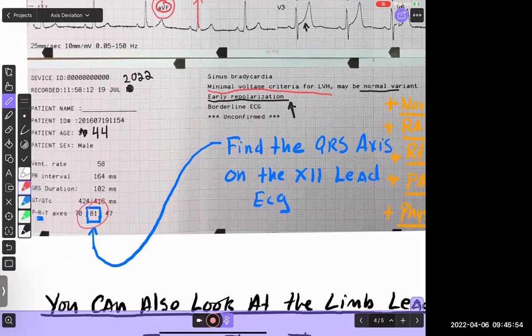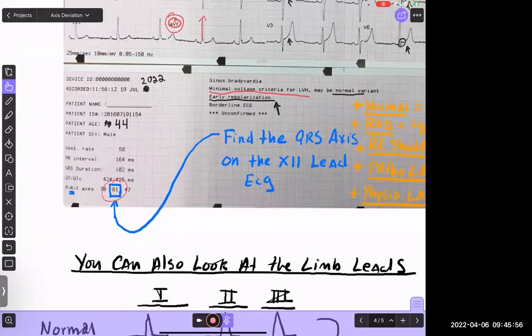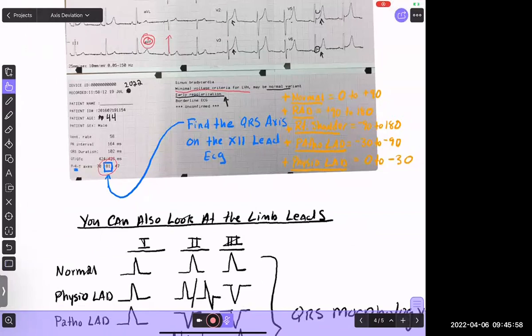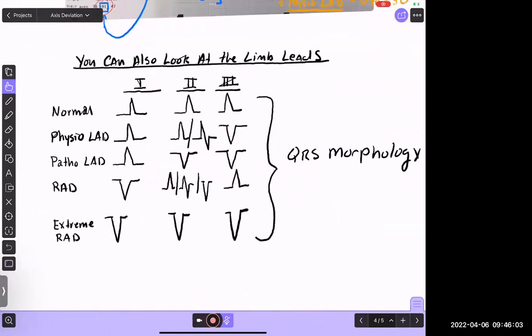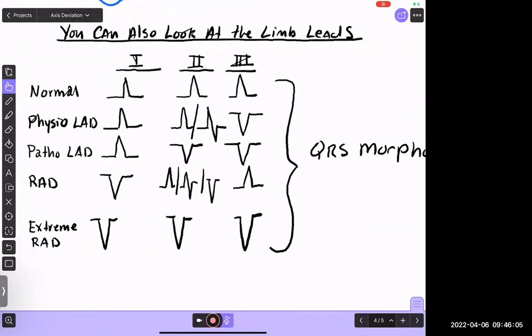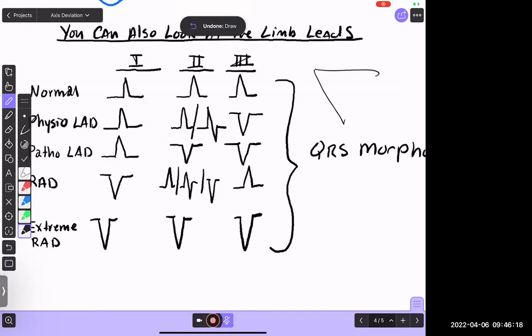But when it comes to differentiating between physiological and pathological left axis deviation, you can use the limb leads. It requires a little more nuance, but you can use leads 1, 2, and 3. And if you remember from Einthoven's triangle, so if I draw Einthoven's triangle here, lead 1's positive electrode is at 0 degrees there.